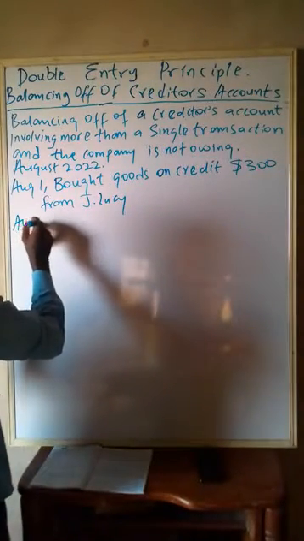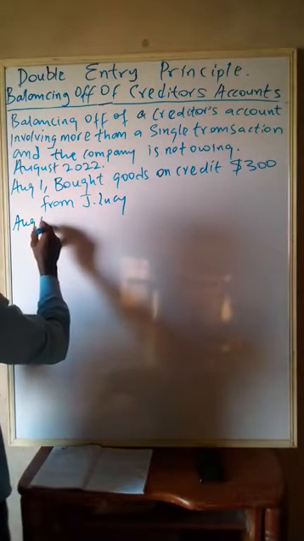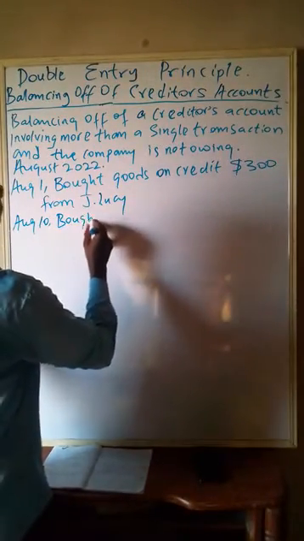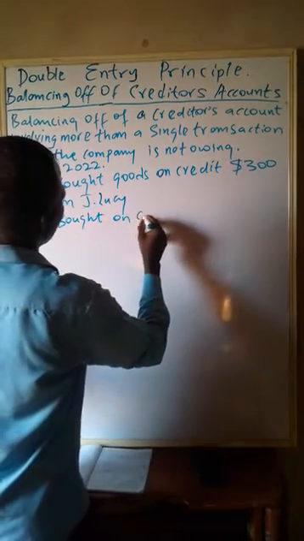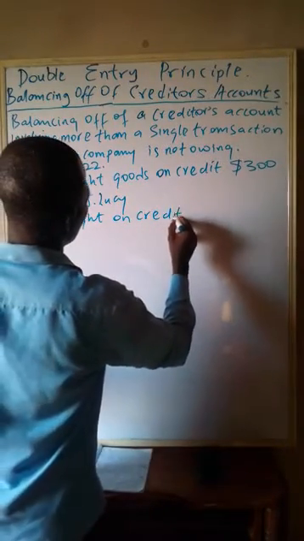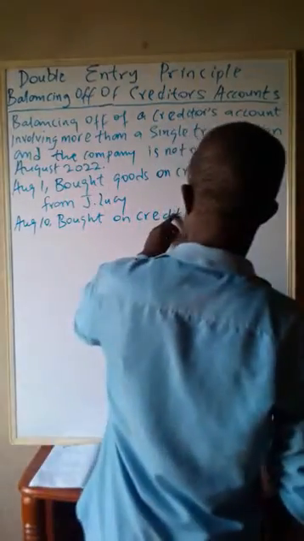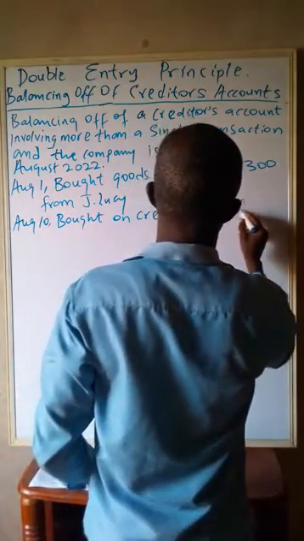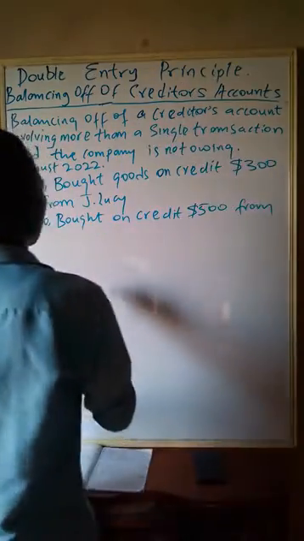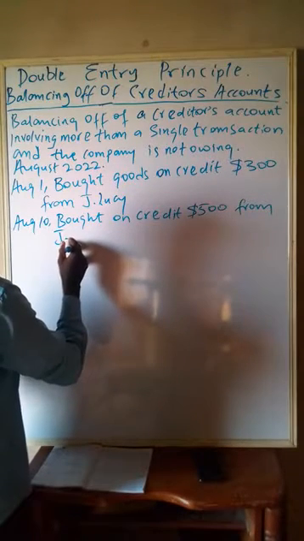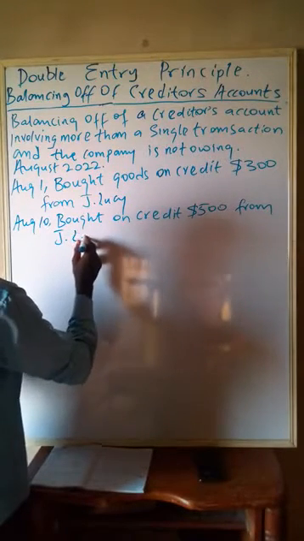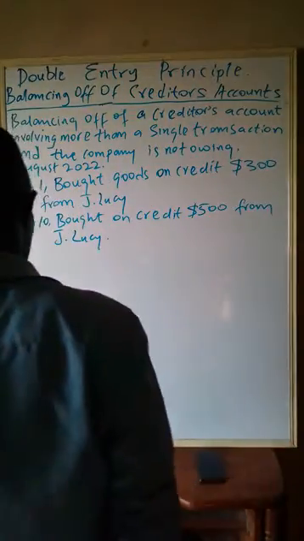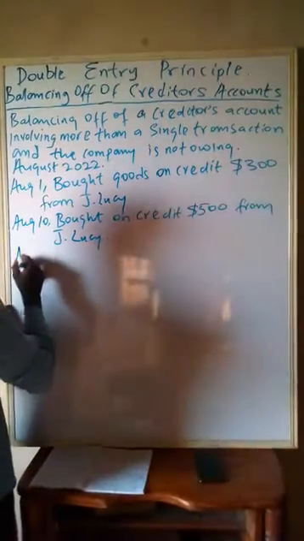August 10th, bought goods on credit from the same J. Lucy, $500 from J. Lucy. Then August 31st.